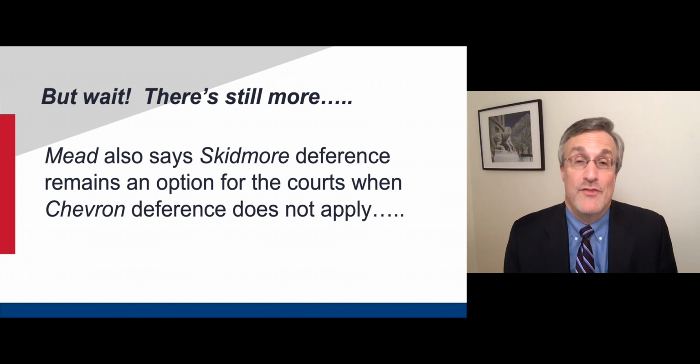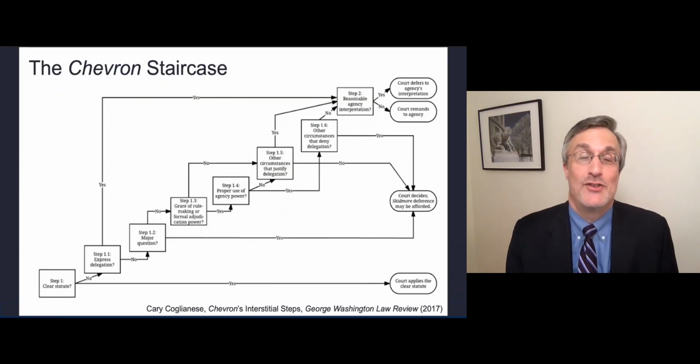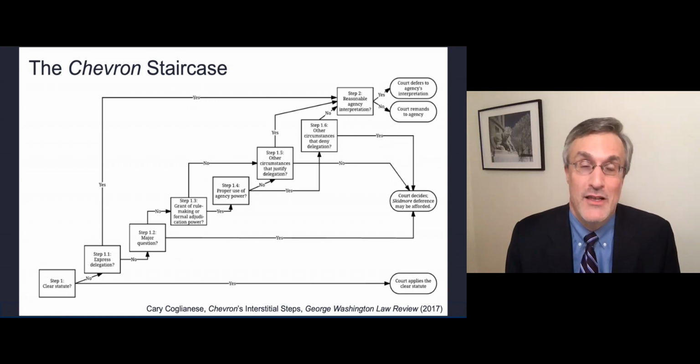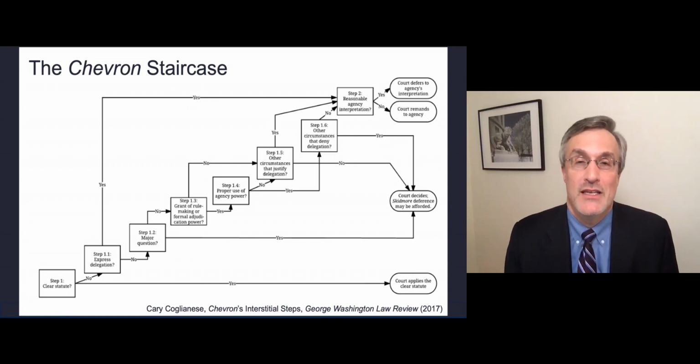Ultimately, what the structure of Chevron looks like is not a two-step framework, but what I have called the Chevron staircase, a veritable staircase that starts with step one and then has a host of intermediate steps that have been articulated in Meade and other Supreme Court decisions that must be cleared before a court gets to step two.